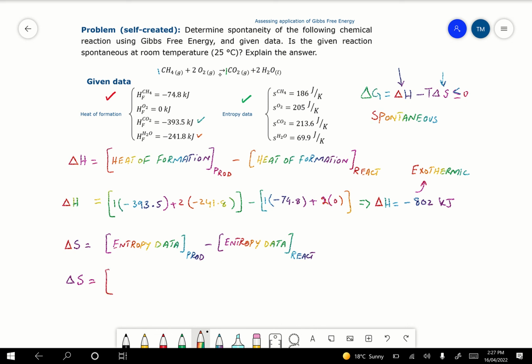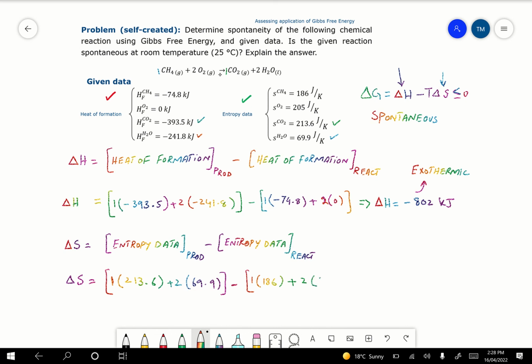again for the products, first carbon dioxide, number of moles is 1, entropy is 213.6 for carbon dioxide, plus 2 water, which is 69.9, minus CH4, which is 1, that is 186, plus 2 for oxygen.